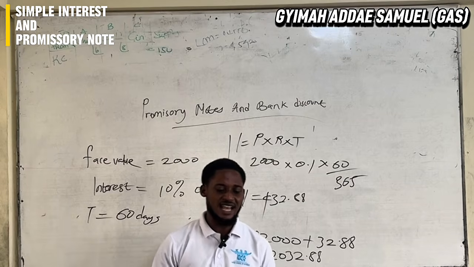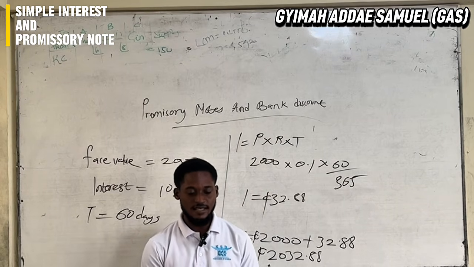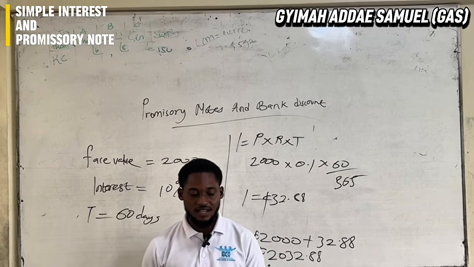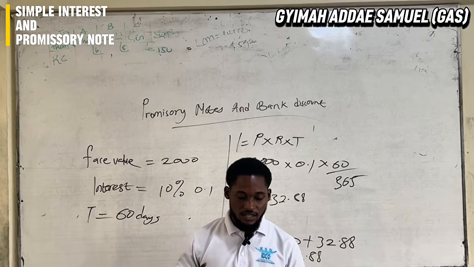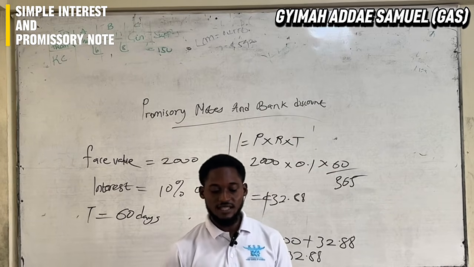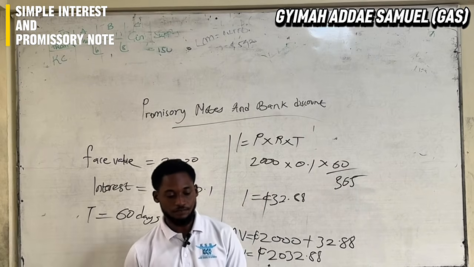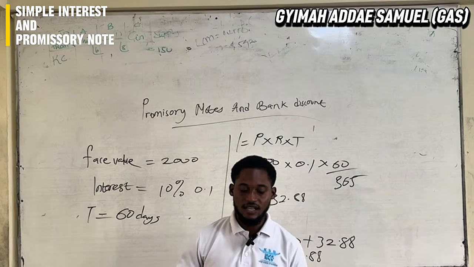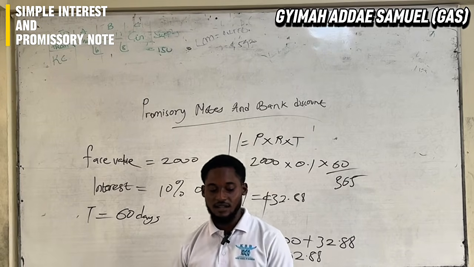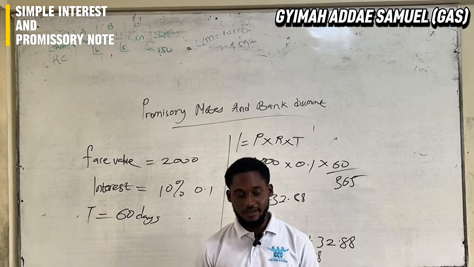Note that these are steps to discount a promissory note. First, you compute your interest amount and the maturity value of the promissory note. Second, determine the maturity due date of the note. Third, compute the number of days in the discount period. The time is the number of days in the discount period divided by 360, or 365, or 366 days in a leap year.